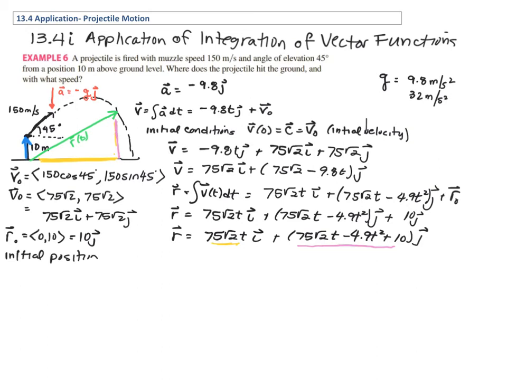So it hits the ground here, when the y component of the vector is 0. So it hits the ground when 75 square root of 2 t minus 4.9 t squared plus 10 equals 0. So that's the time that it hits the ground. Sometimes we call that the time of impact.